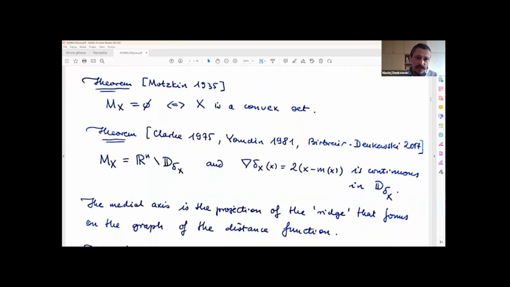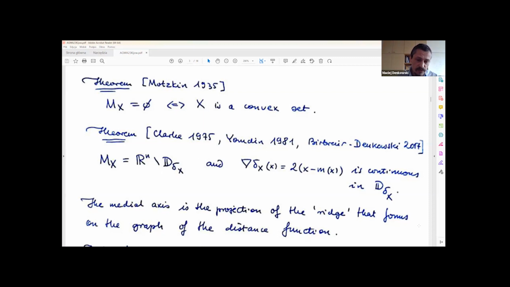And another result that was stated in, well, different ways by Francis Clarke, or then it appears in Yomdin without a proof, and in my paper with Lev Birbrair, we have a general proof. The medial axis is exactly the set of non-differentiability points of the squared distance function. And besides, you see here that we can even compute the gradient, and the gradient is continuous.